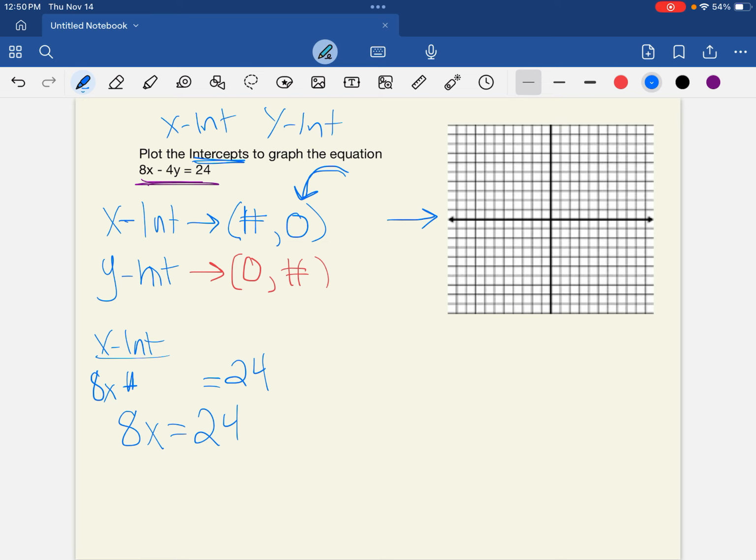You write that number times x is whatever. That way, when you finish, you know what you have. I would solve this equation. I would divide both sides by 8, and we find that x is 3. What that means is on the x-axis, my line crosses at positive 3.